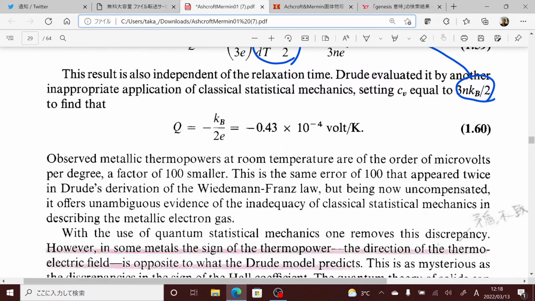Observed metallic thermal powers at room temperature are of the order of microvolts per degree.